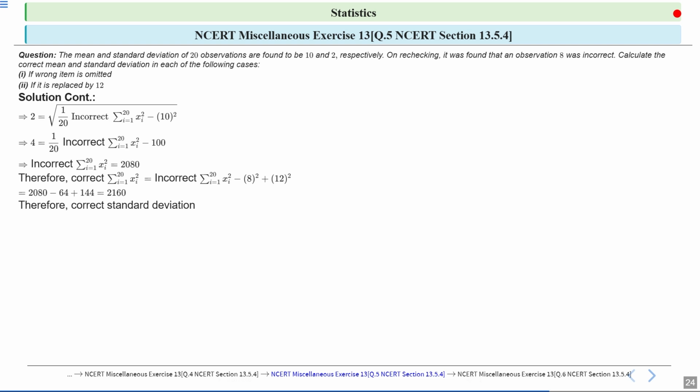Therefore, the correct standard deviation equals the square root of the correct sum from i equals 1 to 20 of xi squared divided by 20, minus the correct mean whole squared. This is equal to the square root of 2160 divided by 20 minus 10.2 whole squared.